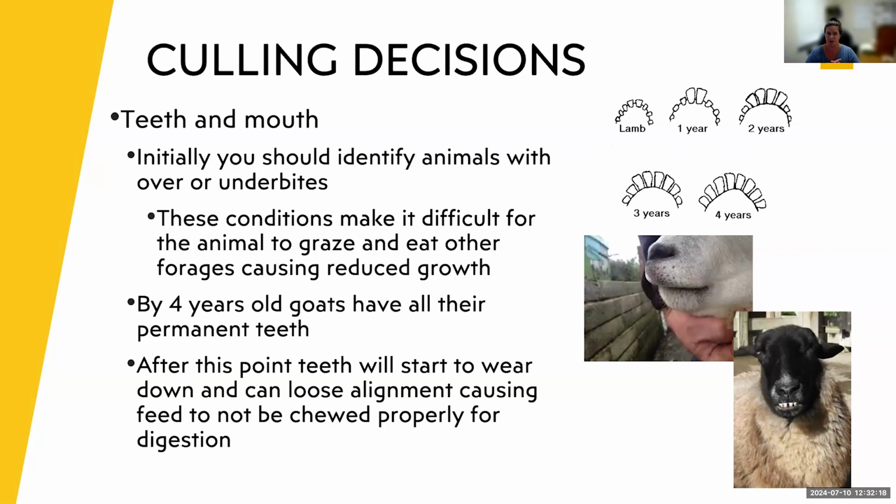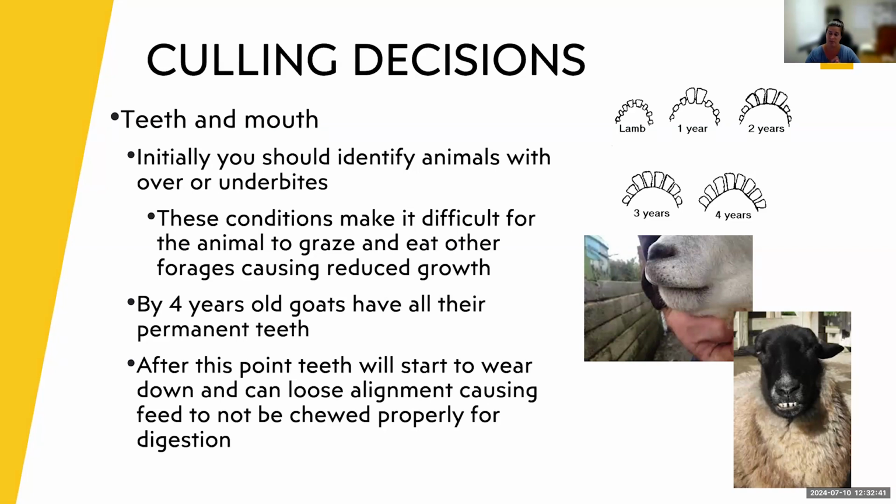Because those conditions over time are going to make it more difficult for that animal to graze and consume any other type of foraging grain. They also aren't able to properly chew and digest the food, because their teeth don't align correctly for proper chewing.